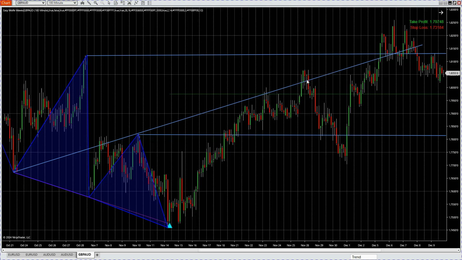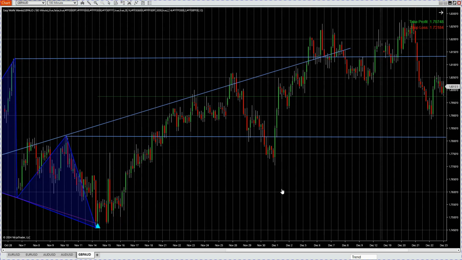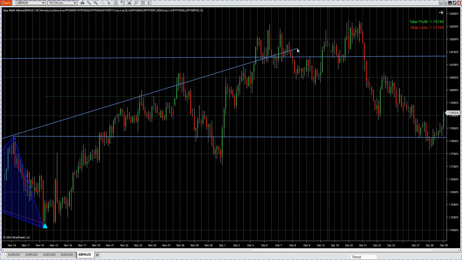If you're still holding a position at this point, you probably get stopped out because it comes back quite a bit. But let's go even further and see how far it goes. So it gives you a good bias.